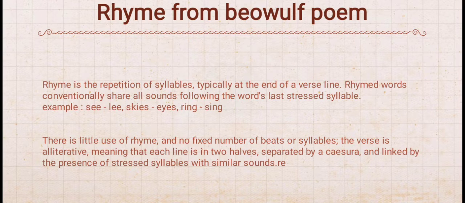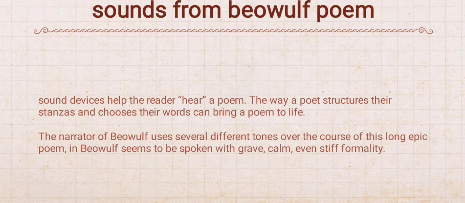Example: sea, lee, skies, ice, ring, sing. There is little use of rhyme and no fixed number of beats or syllables. The first is alliterative, meaning that each line is in 2 halves, separated by a caesura and linked by the presence of stressed syllables with similar sounds.